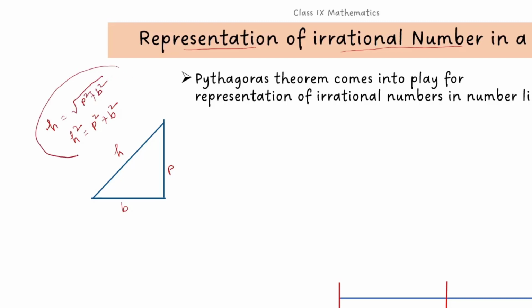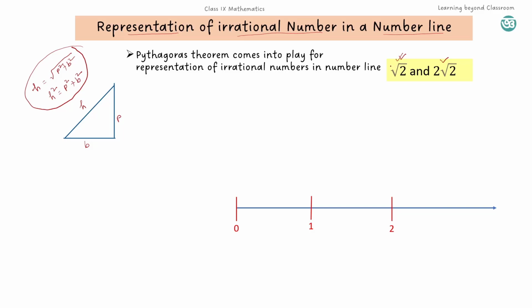So we will use this Pythagoras theorem to construct the number line for root over 2. So in this number line, you can see from 0 to 1, this is 1 unit. Suppose this is point A, so AB is equal to 1 unit long. Now at point B, we can draw a perpendicular line, and the length of the perpendicular line is also 1 unit.